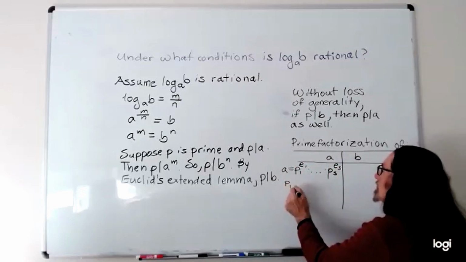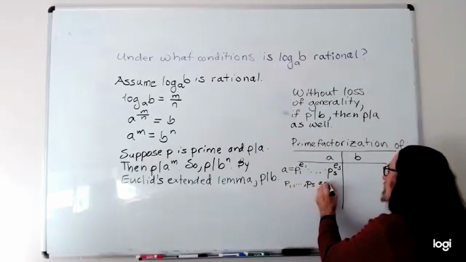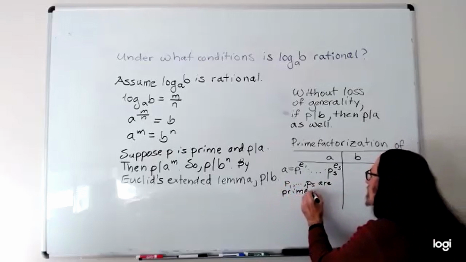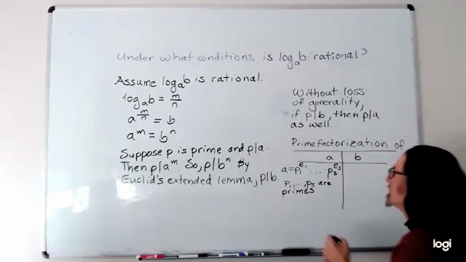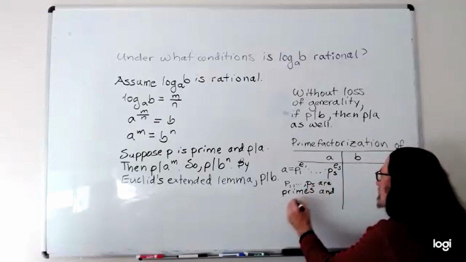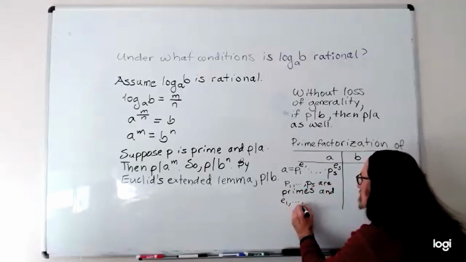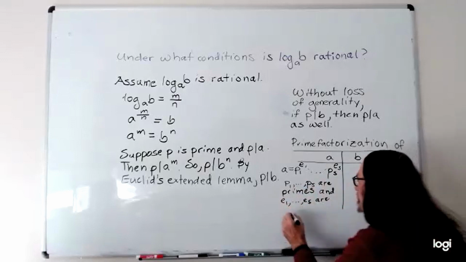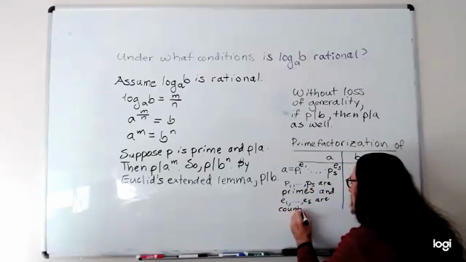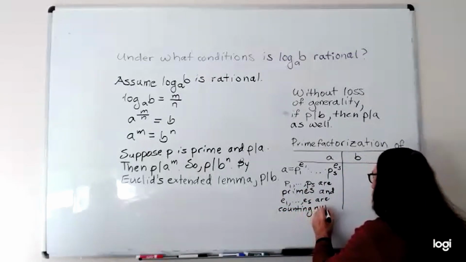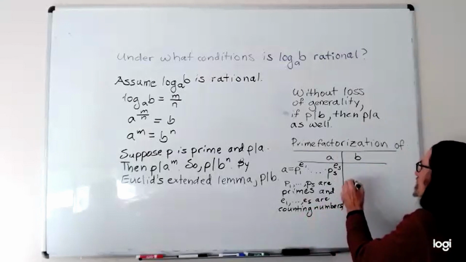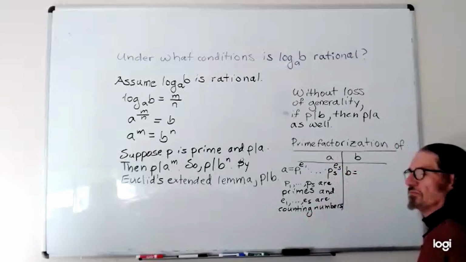So these are primes. And the exponents will be counting numbers. Similarly, we're going to write a prime factorization of b. But we have all the same primes.